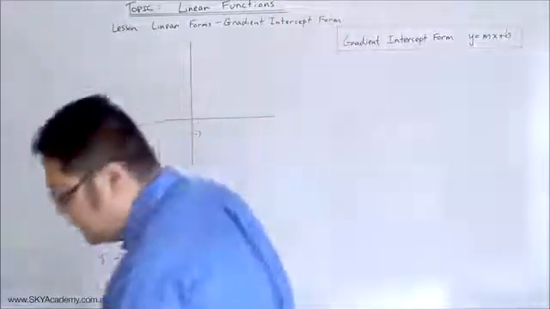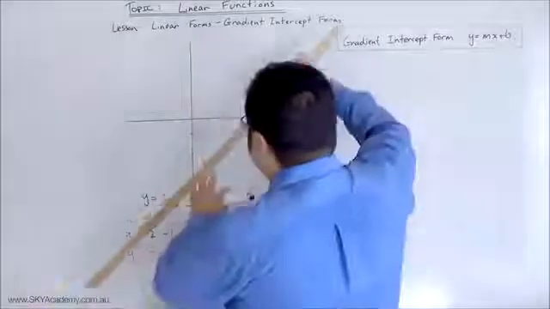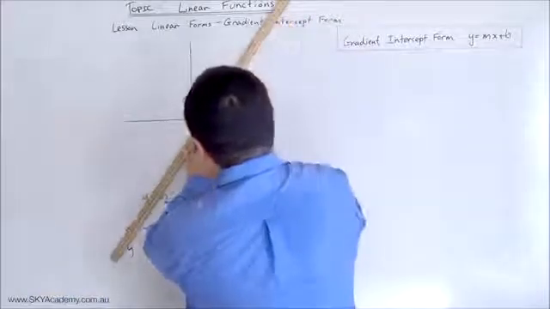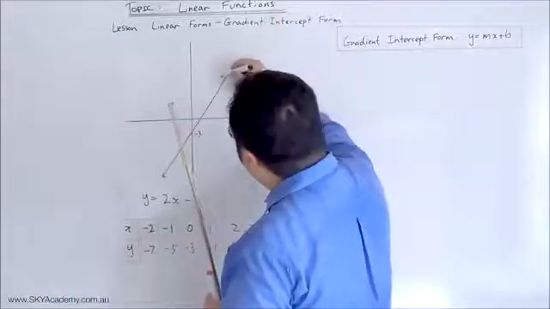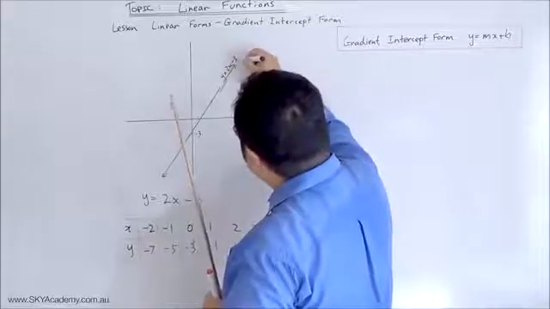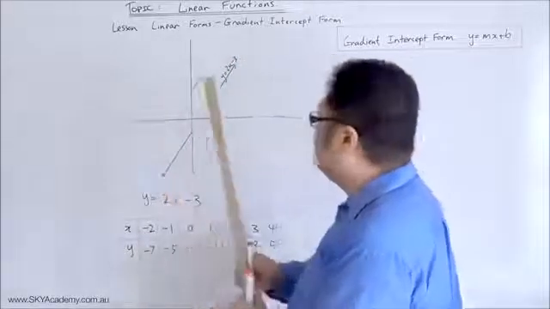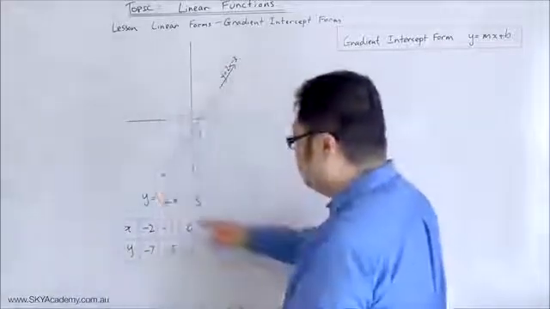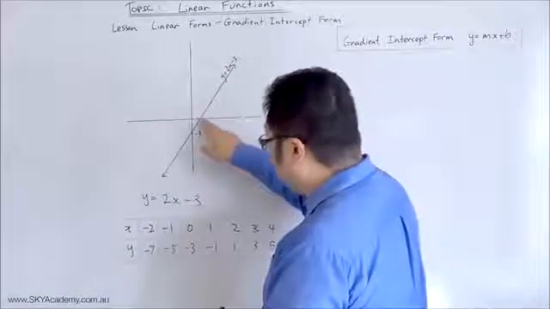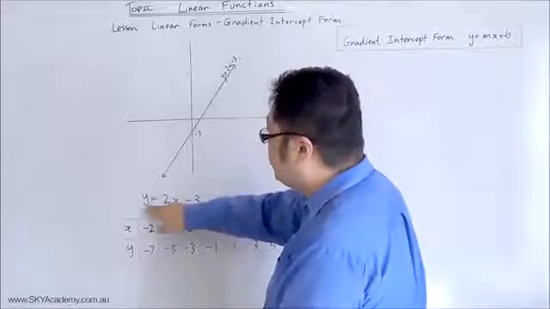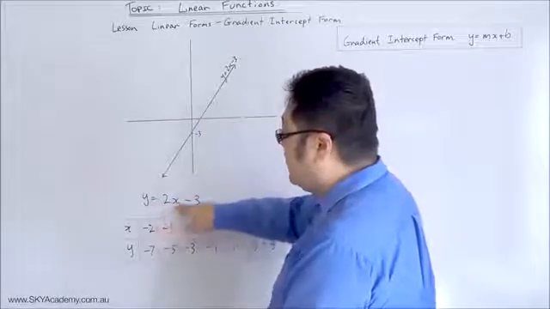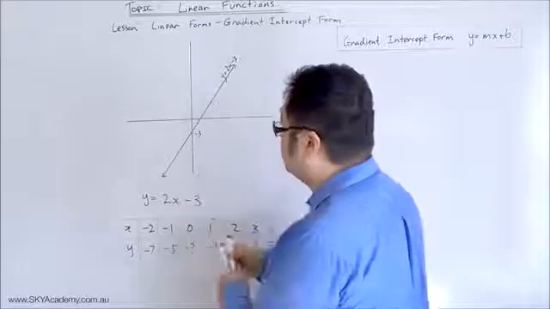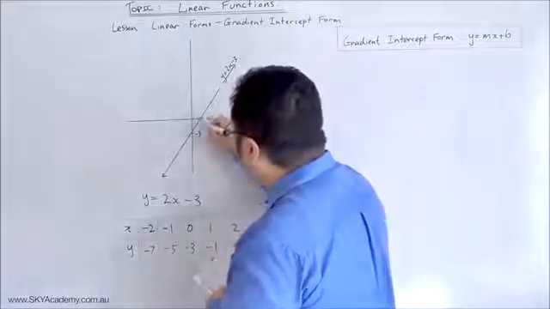What you'll notice is that it's a straight line that takes on this form: y equals 2x minus 3. What point would that be there? It's the point that makes y equal 0, and it would have to be 3 on 2.